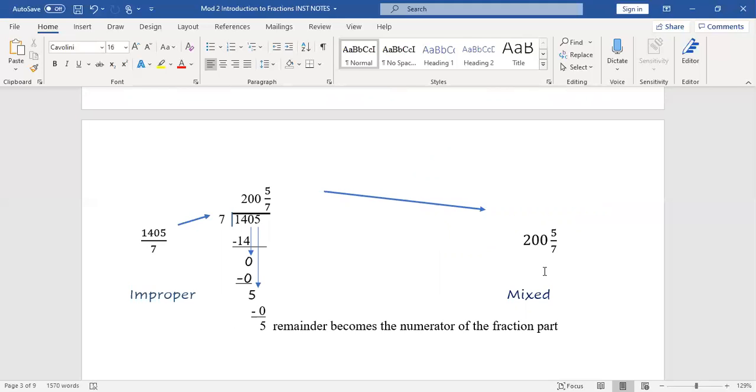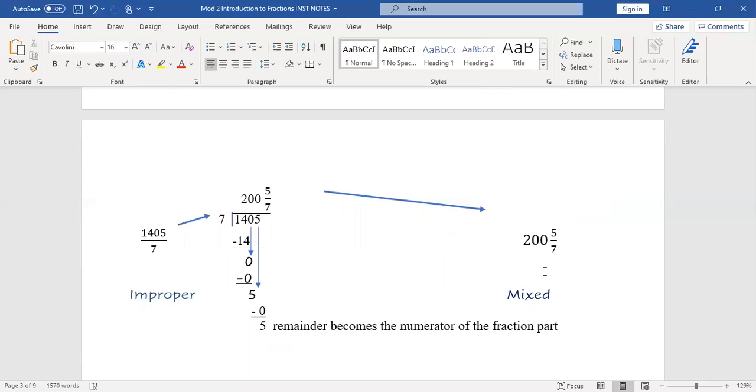0 times 7 is 0, which goes underneath. I subtract, which is 0, and I bring down the next number, which is 5. Well, 7 can't go into 5, so I put another 0. So 0 times 7 again is 0, 5 minus 0. Now, since there are no other numbers to bring down, that 5 is the remainder.